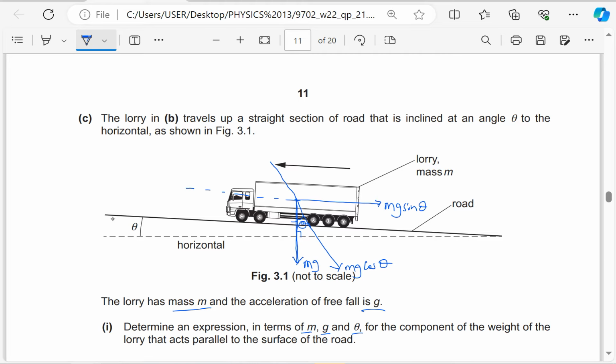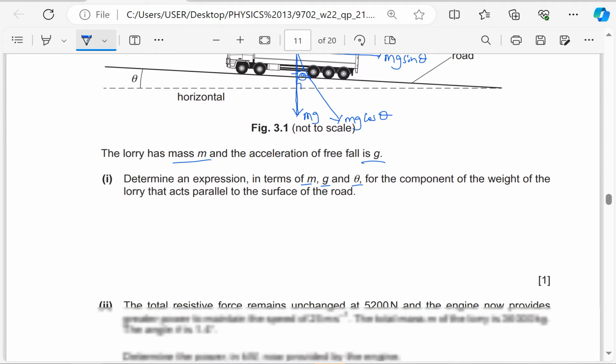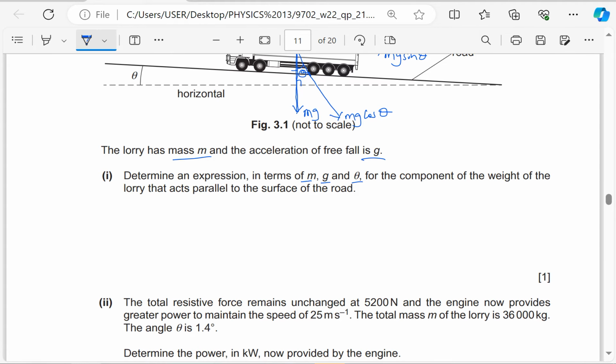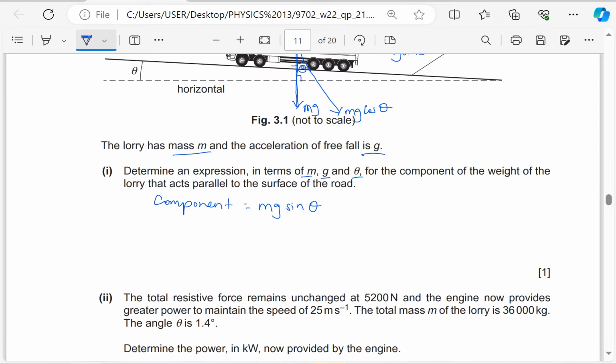Perpendicular to the surface is mg cos theta, parallel to the surface is mg sine theta. So determine an expression in terms of m, g and theta for the component of the weight of the lorry that acts parallel to the surface of the road. This is mg sine theta. So the component equals m times g sine of theta.